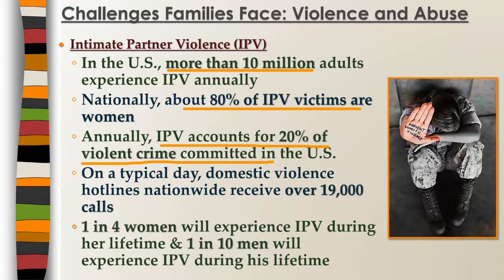So 1 out of 5 violent crimes is an instance of IPV. And on a typical day, domestic violence hotlines receive over 19,000 calls. 1 in 4 women will experience IPV during her lifetime, and 1 in 10 men will experience it during his lifetime.